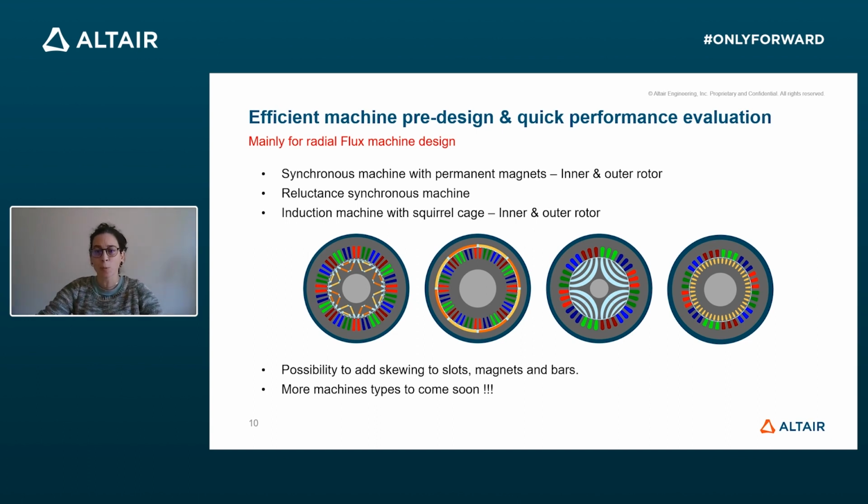In fact, the developers team is working on axial flux machine, for example, that will be available soon. So today you can find synchronous machine with permanent magnets, inner and outer rotor, reluctant synchronous machine, induction machine with squirrel cage, inner and outer rotor, and the possibility to add skewing to slots, magnets, and bars. So more machine types to come soon.